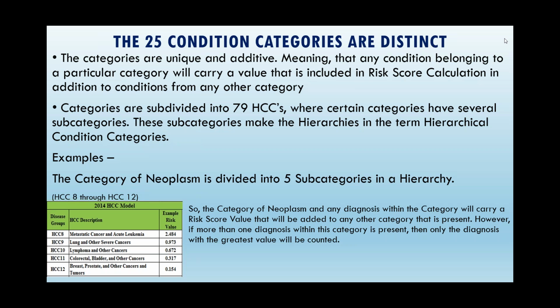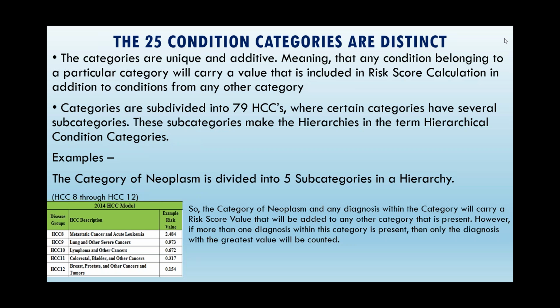Let's look at an example. The category of neoplasm is divided into 5 subcategories in a hierarchy. As you can see from the inset, HCC 8 through HCC 12. HCC 8 is metastatic cancer and acute leukemia. HCC 9 is lung and other severe cancers. HCC 10 is lymphoma and other cancers. HCC 11 is colorectal, bladder, and other cancers.